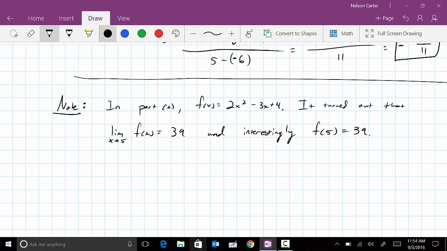So in other words, if we had simply substituted 5 for x, we would get the right answer.